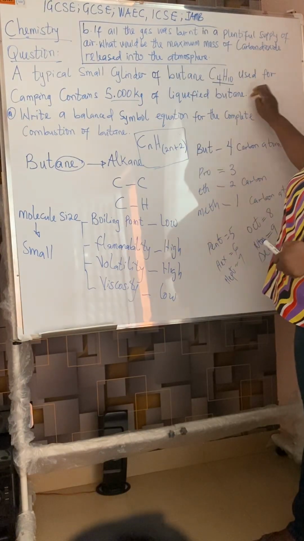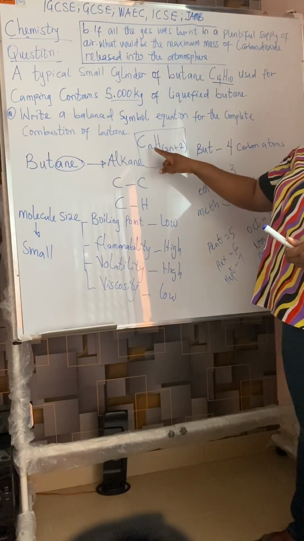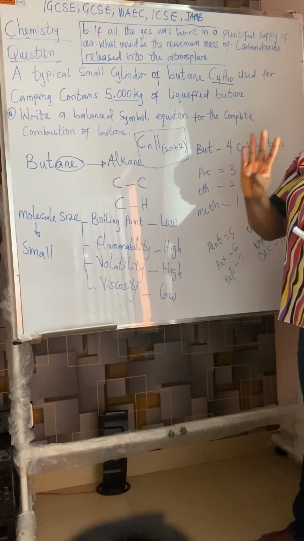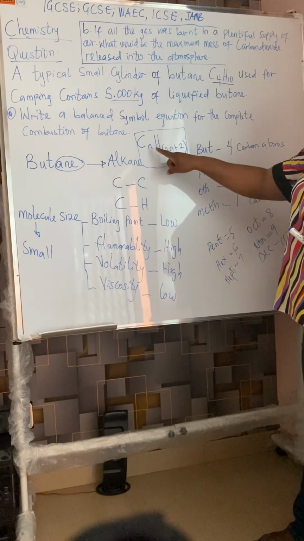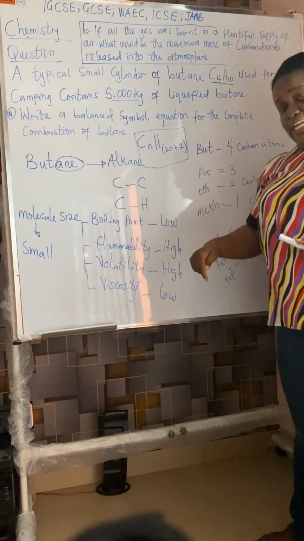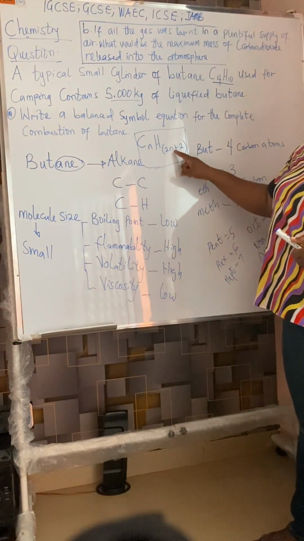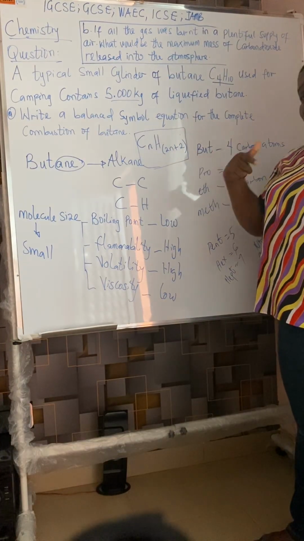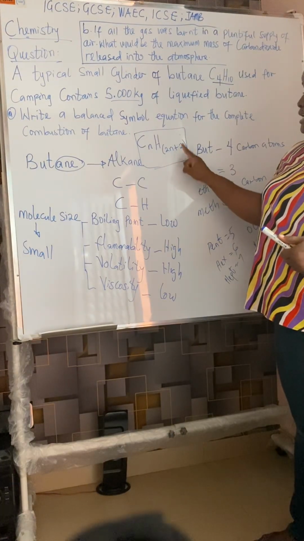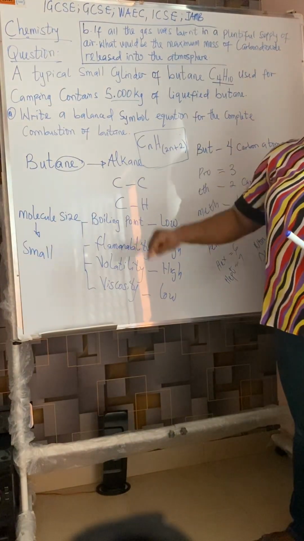So how do we know that hydrogen here for butane is 10? Simple. Butane is 4 carbon atoms, so anywhere I see n, I put 4. This will be C4. Then H2n plus 2: 2 times 4, 8. 8 plus 2, 10. This is the general formula for representing alkanes.